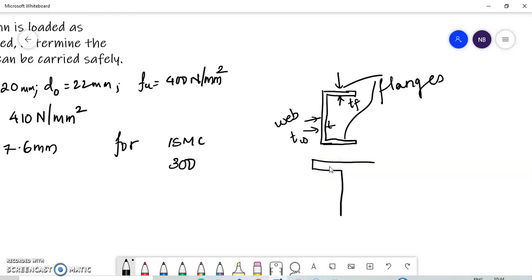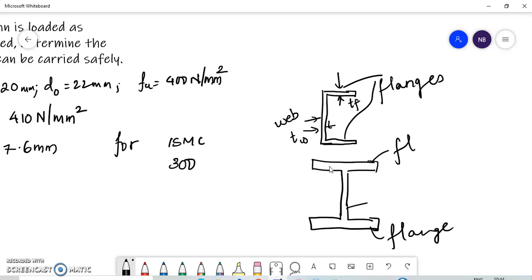If we have an I section, again this is a flange, this is also a flange, and this is a web. The thickness of the flange is given by TF, and the thickness of the web is given by TW.